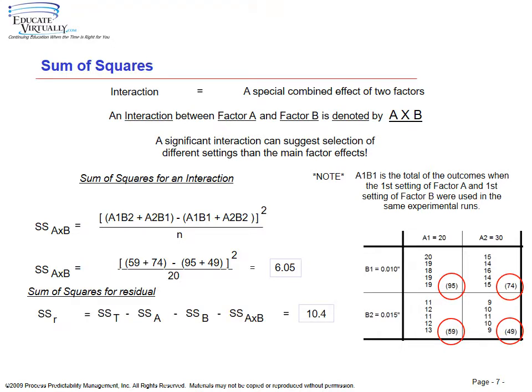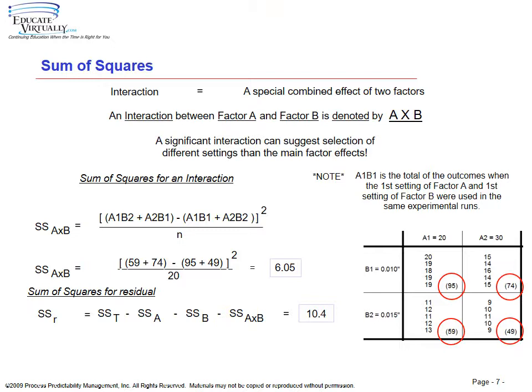So we see that the sum of squares for A times B, or the interaction of A and B, was a value of 6.05. It is a small value, but it's an incremental effect that would sit on top of the main factors effects. We will have to look at our analysis of variance to find out if that value of sum of squares is significant or not.